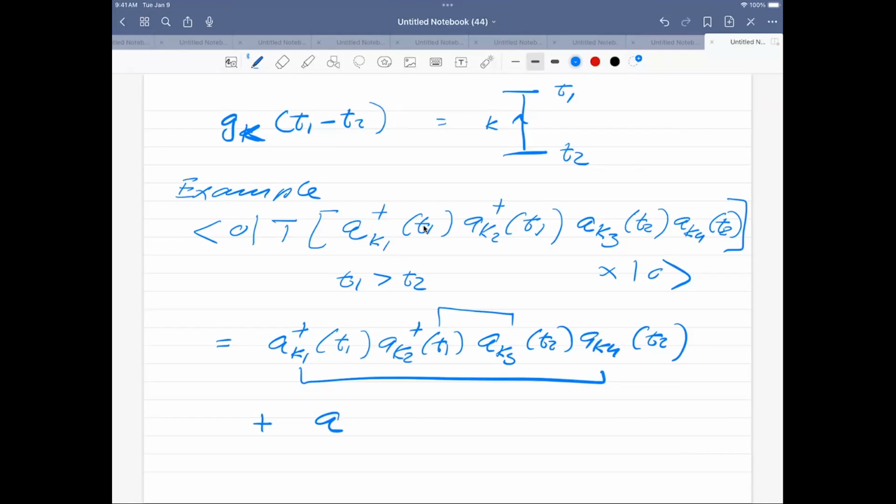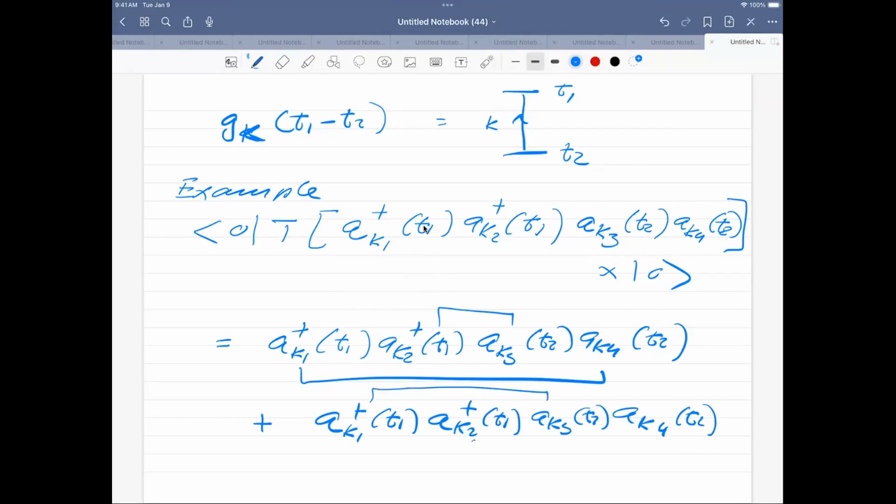And by the way, let me not have an explicit time dependence here, not to have a specific ordering. So what I'm doing now is simply to use Wick's theorem, and I'm setting up the pair of contractions which I can have. And then I have an A K2 dagger of T1 and an A K3 of T2. So this is just the time-dependent Wick's theorem, which I'm applying. So that means that the other possible contraction has to be this one.